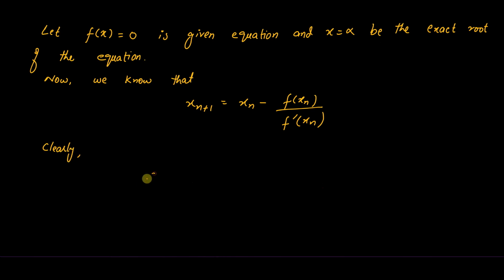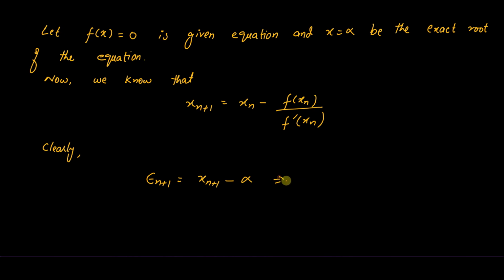the error in x_{n+1}, with alpha being our exact root and x_{n+1} our approximate root, we call epsilon_{n+1} = the exact root minus the approximate root.